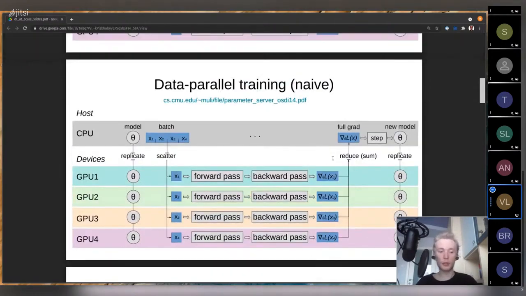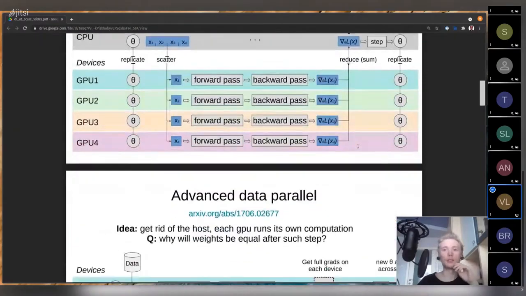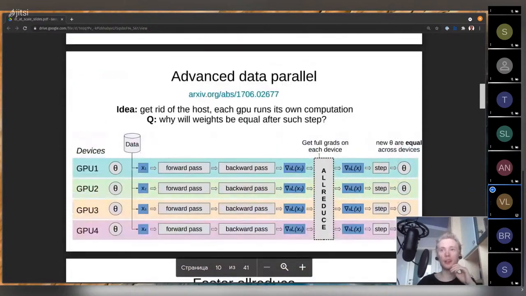Or we can think of a way to synchronize, to do this operation without centralization at all. So here we are represented by this magical box.